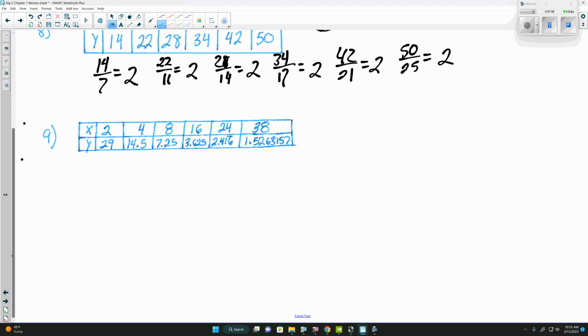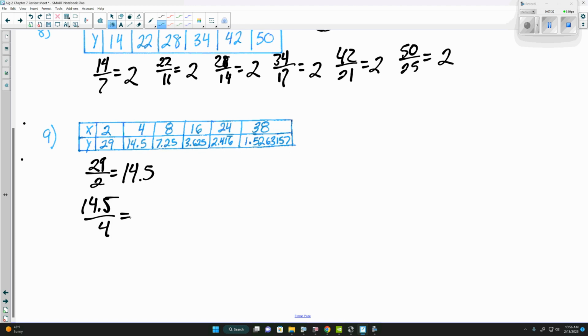Now if we look at 9, 9's a little bit different, because I should have just left the last one off. Because if we divide, 29 divided by 2 is 14.5. We can plug that in a calculator and it would do it for us. The next one, 14.5 divided by 4. Well, is this going to give us 14.5?